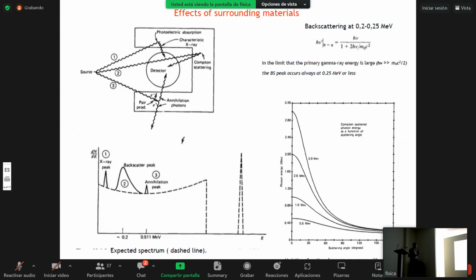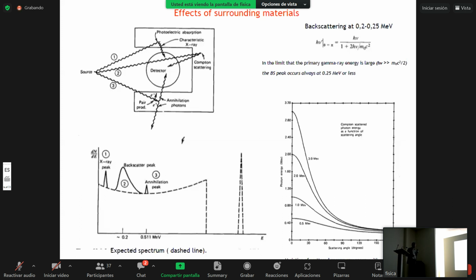This is the process when the gamma ray can scatter from the surrounding materials and come back to the detector. And in this case, if you look at this picture, for an angle range from about 100 degrees to 180 degrees, you always have the same energy.